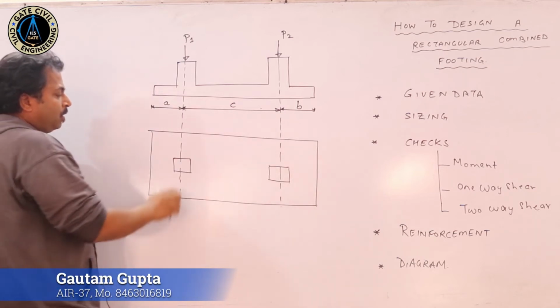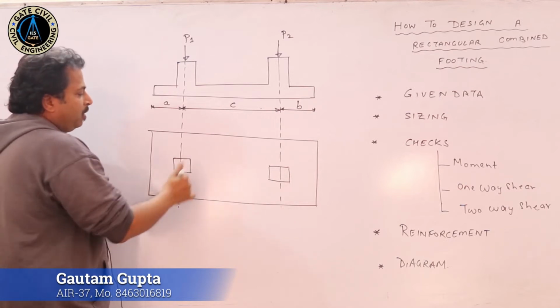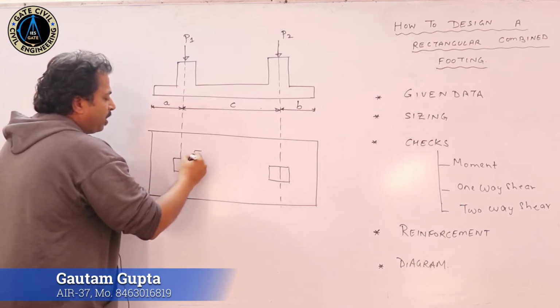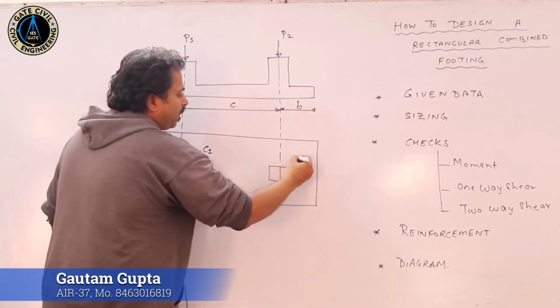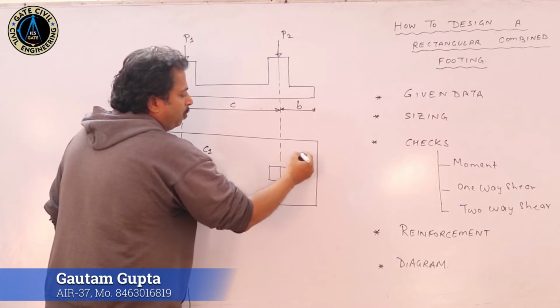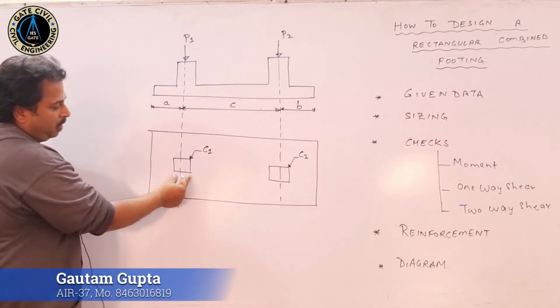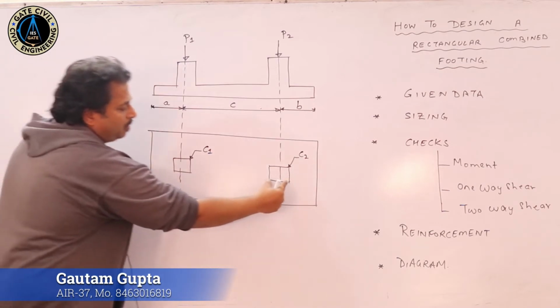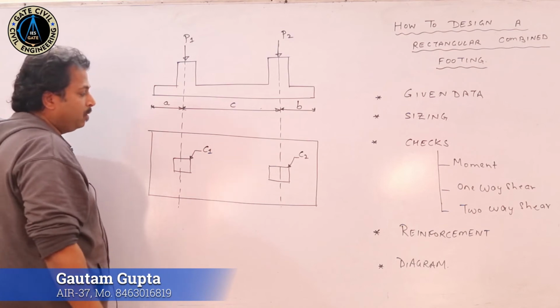Now, for general purpose, I have considered a square column. We can say that the column size is C1, and the column size for column number 2 is C2. That means this dimension is C1, this dimension is C1, this dimension is C2, and this dimension is also C2.